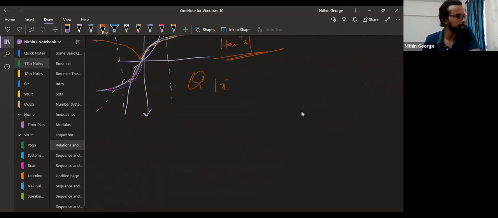Guys, please do this on your own. Tell me what shape it is. X square minus 4. Mod of x square minus 4. Y equal to mod of x square minus 4. Please draw the graph quickly. Come on.